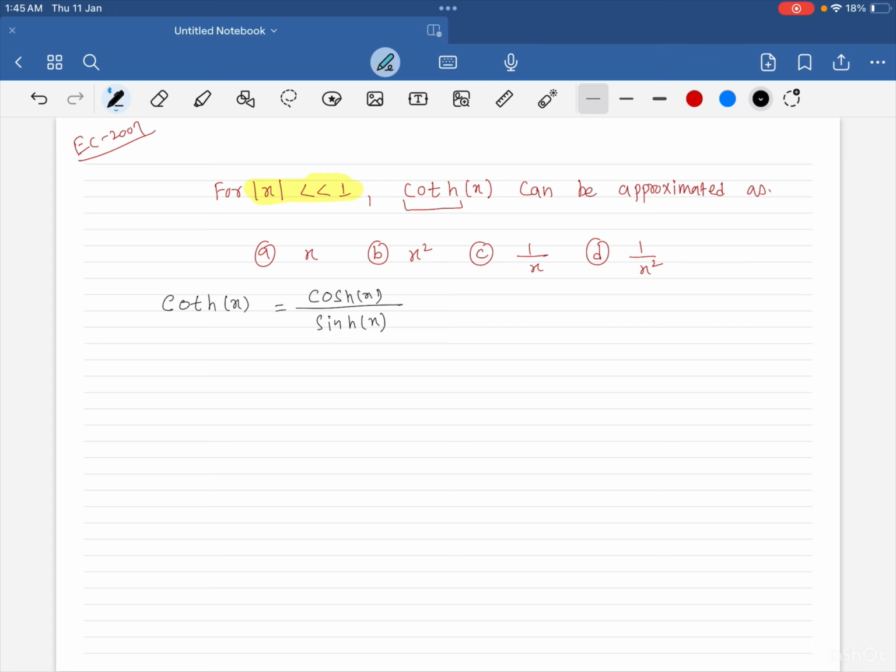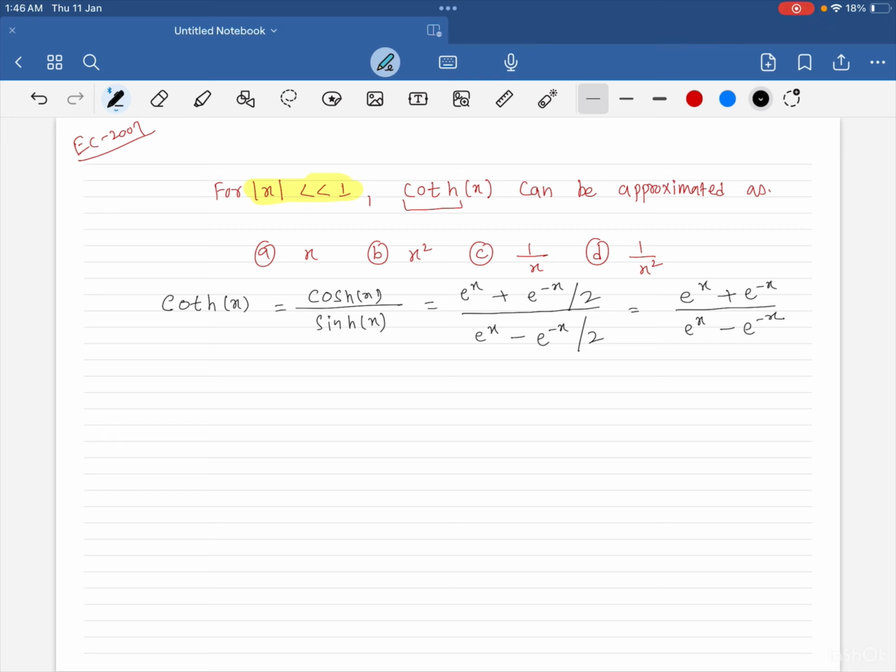And we know the e to the power form of these two: cosh is e to the power x plus e to the power minus x, whole divided by 2, and for sinh it is e to the power x minus e to the power minus x, whole divided by 2. So that 2 is going to be cancelled anyhow. We will be left with e to the power x plus e to the power minus x divided by e to the power x minus e to the power minus x, right?